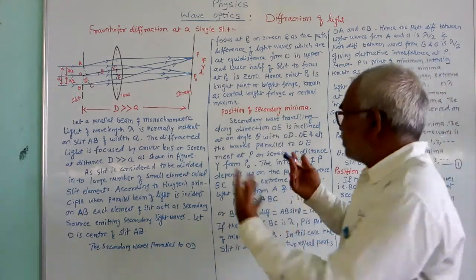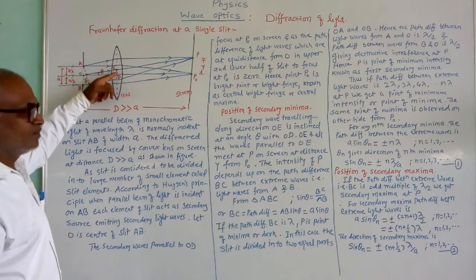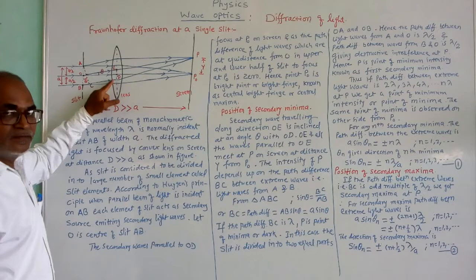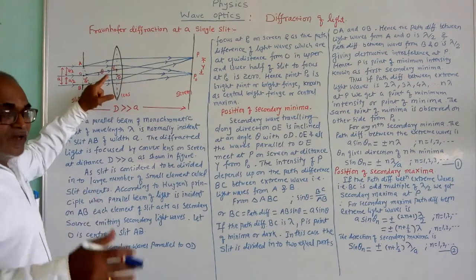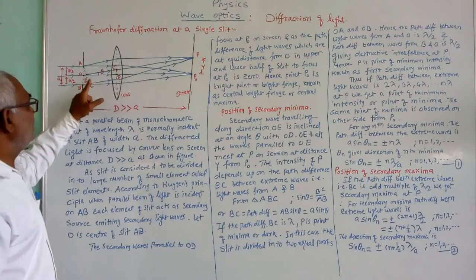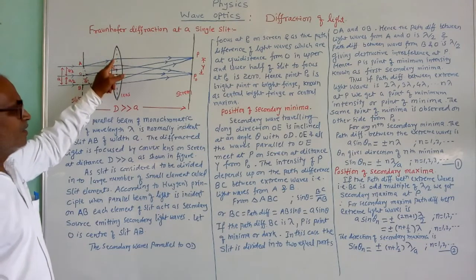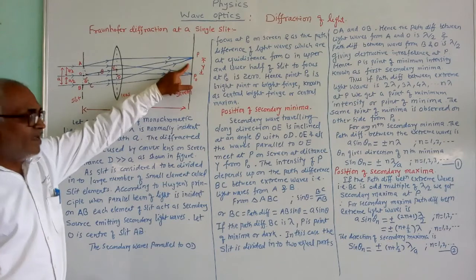The secondary waves traveling along the direction OE are inclined at an angle theta with OD. Therefore the secondary waves OE and all the waves which are parallel to OE meet at point P on the screen.